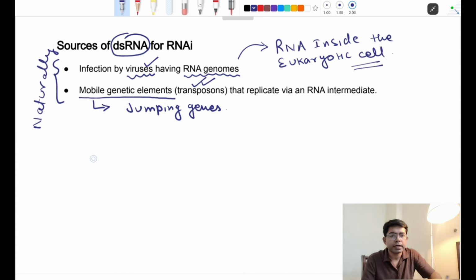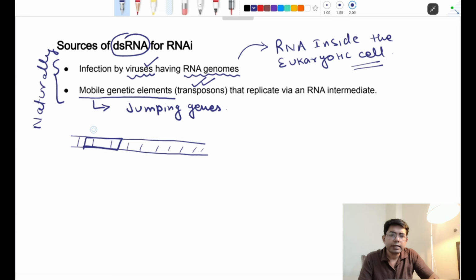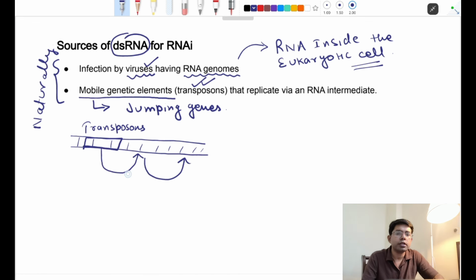Now the question comes, what is this jumping gene or mobile genetic element? Although not given properly in NCERT, just understand. Let's say this is a double-stranded DNA, and this is a small segment of DNA called a transposon. This transposon has the character that it will change its position from one place to another, and that is why it is called jumping genes.